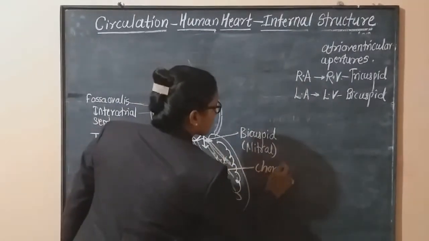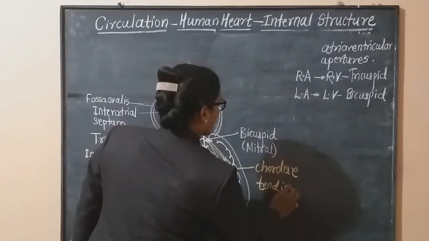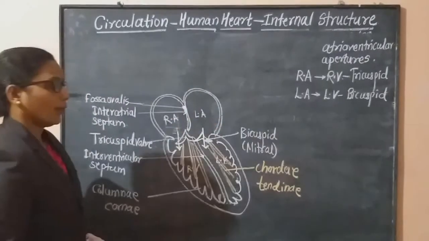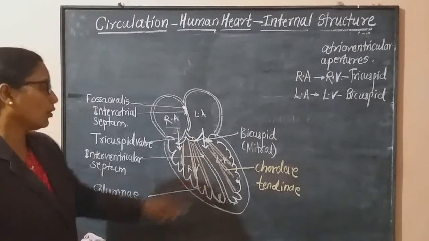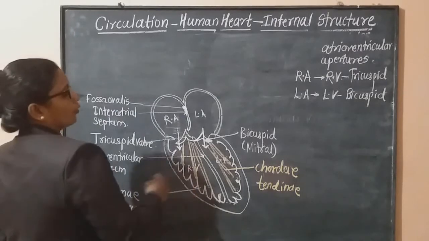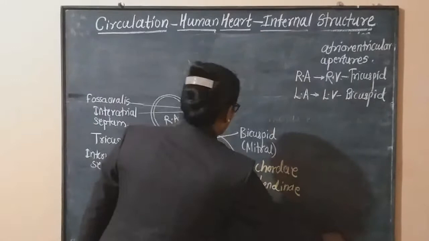These fibers are called chordae tendineae. Because the inner surface is not smooth, it gets thrown into a number of fold-like structures. These are the important structures.